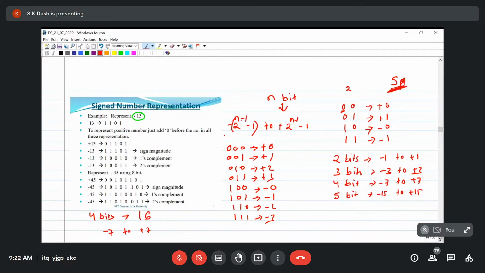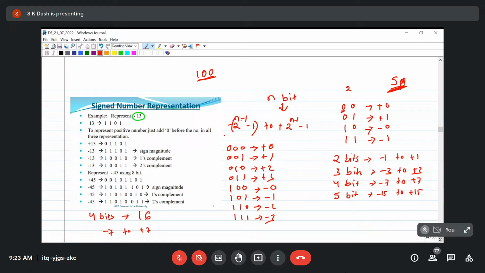Someone else was asking: Sir, we can represent 4 as 100 and -0 as 100. So how can we differentiate whether it's -0 or 4? Great question. Suppose it is 100. The system should already know that whatever number you're representing, it is an unsigned number or a signed number.